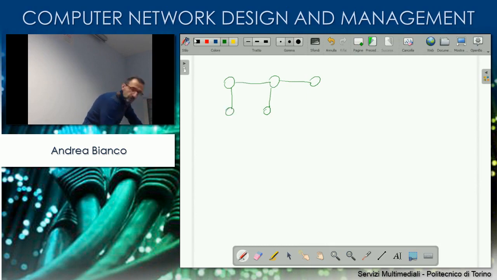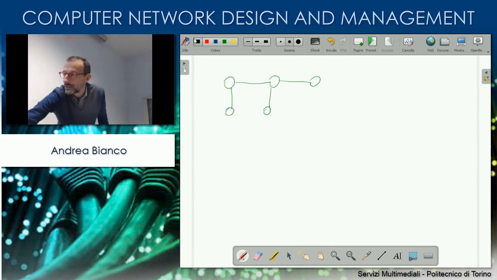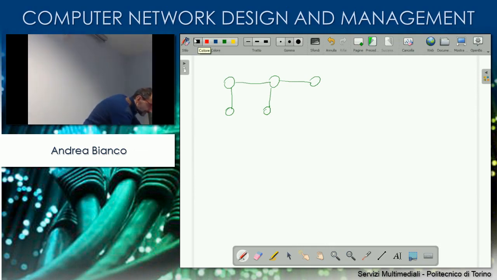Okay, then we have flow 1. Sorry, I don't see it very well. Okay, we have flow 1, which is doing this, right? Flow 2 is going straight forward. Then we have flow 3 and flow 4. Flow 3 is doing something like that.